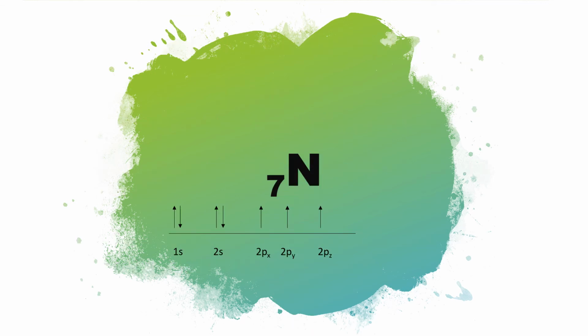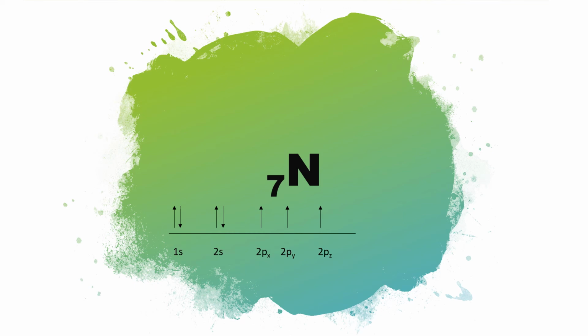Nitrogen, for example, has 7 electrons. The arrows represent the electrons. They will be distributed in the lower energy level following the Aufbau principle. Remember that electrons do not pair up in an orbital until each orbital in the sublevel has 1 electron.